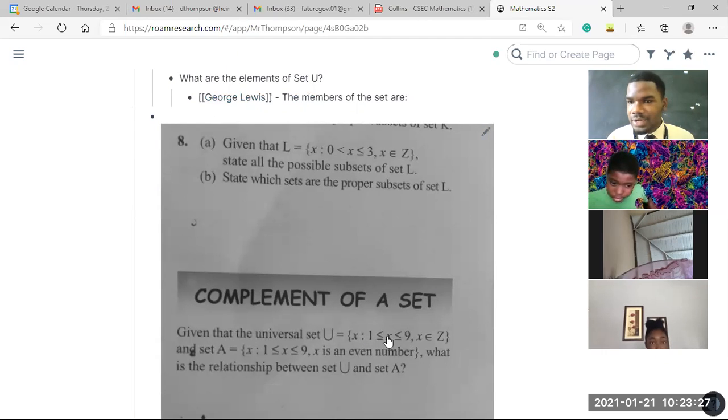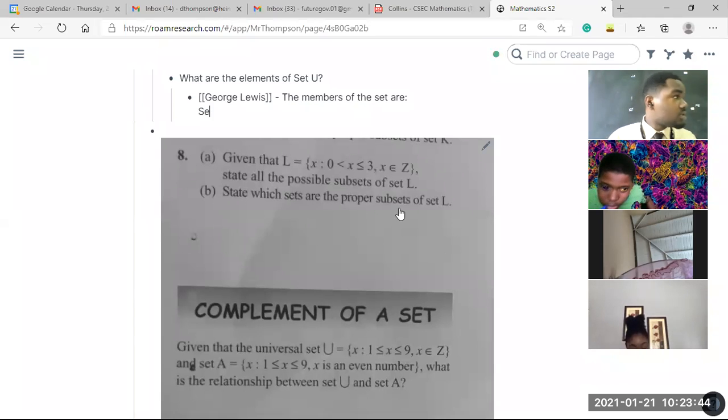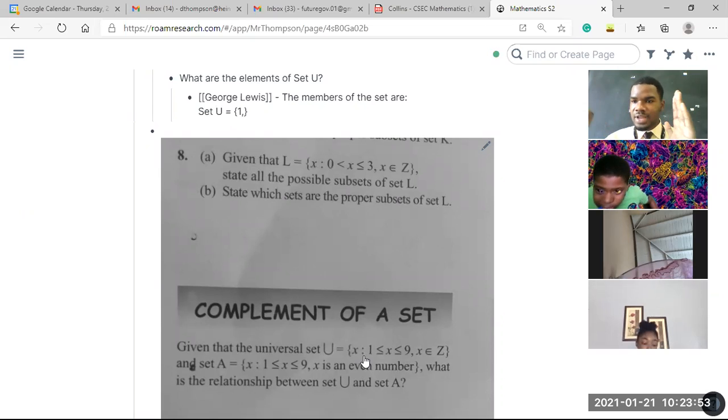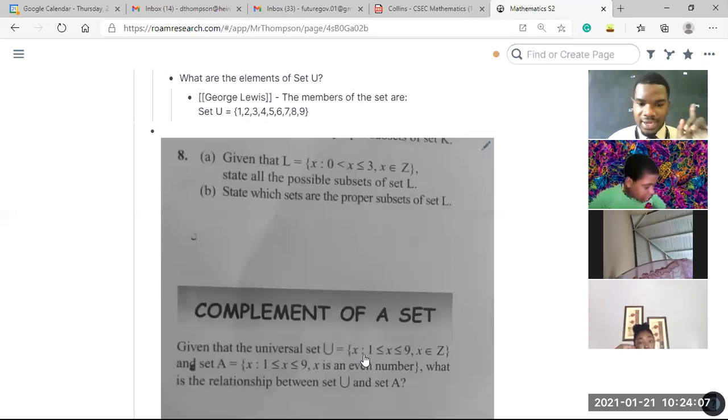Remember, from inequalities, we know that this is a range of values. Since x is greater than or equal to 1, the first value of x must be 1. So set U starts with 1. Because x is less than or equal to 9, every value between 1 and 9 is in set U. So we go 1, 2, 3, 4, 5, 6, 7, 8, and 9.